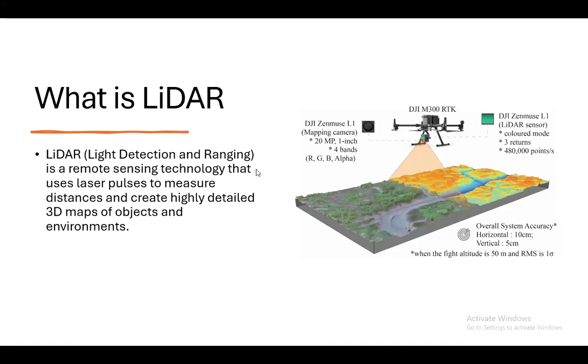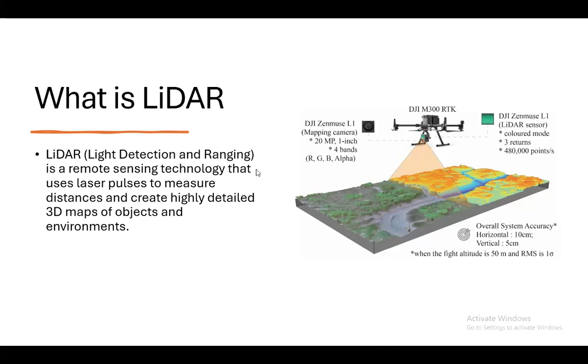But GPS or GNSS utilize a different wavelength range or radio wave, while this technology utilizes laser pulses. But at the end of the day, it measures the distance, and with the help of this distance, it can estimate the accurate location. That means it can estimate the X, Y, and Z values, that is, latitude, longitude, and altitude.